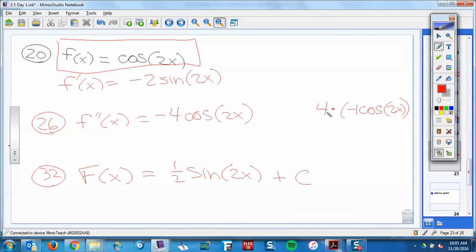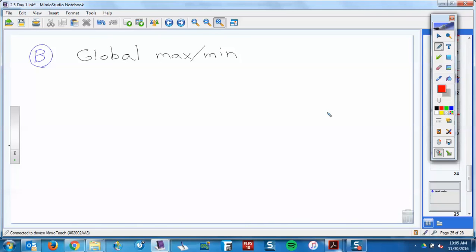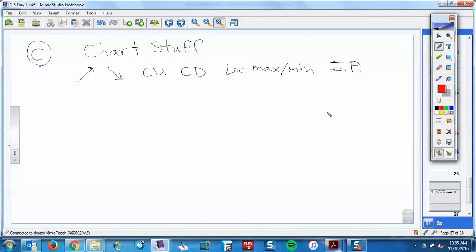The first one we haven't learned yet, and that's what we're going to talk about next: section 2.5, differential equations. The next is global max-min, finding the highest and lowest point, list of candidates, that kind of thing. Then there's the chart stuff, which we just went through, problems 10 through 13, a great example of everything you could do with charts.